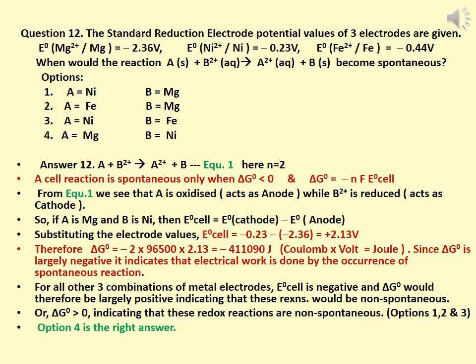Therefore, delta G naught will become largely positive, or greater than 0, indicating that these redox reactions are non-spontaneous. Therefore, options 1, 2 and 3 are incorrect. They cannot be chosen. Option 4 is the correct answer.